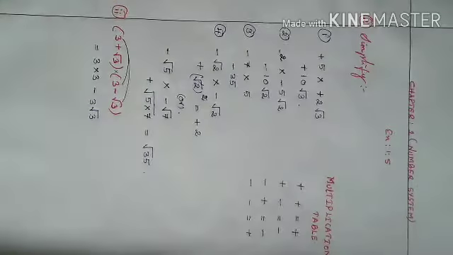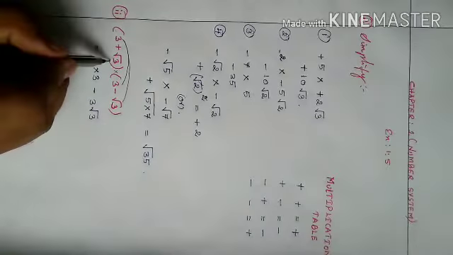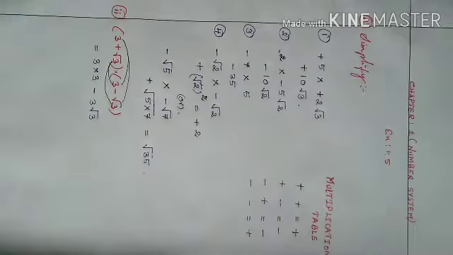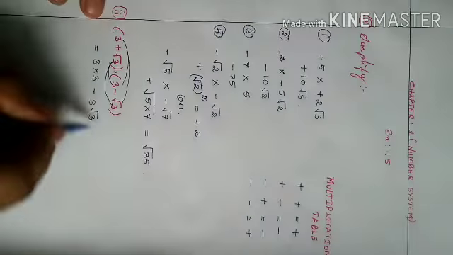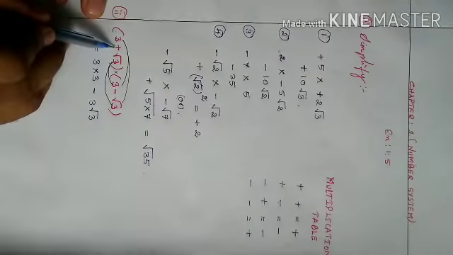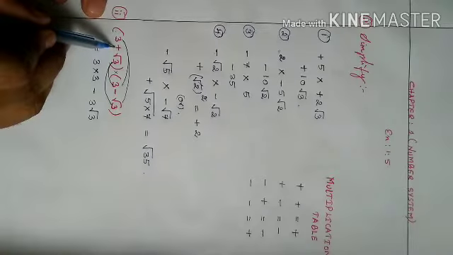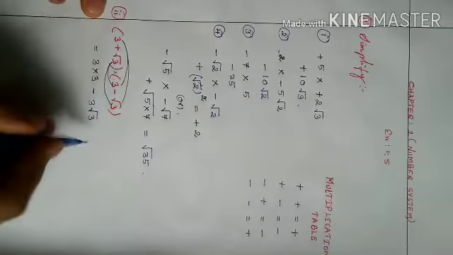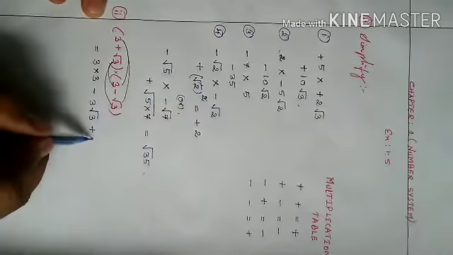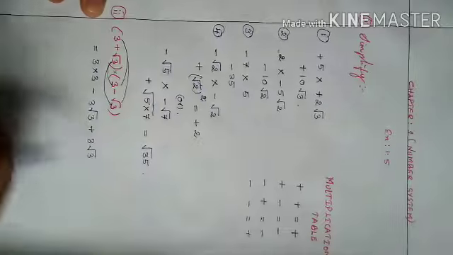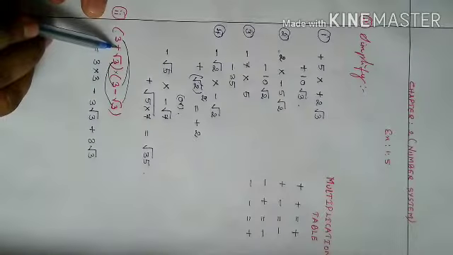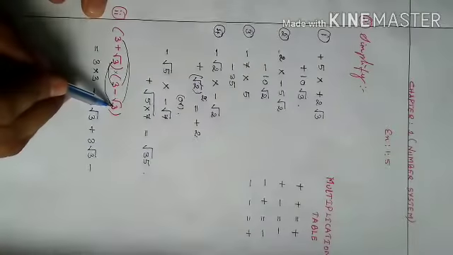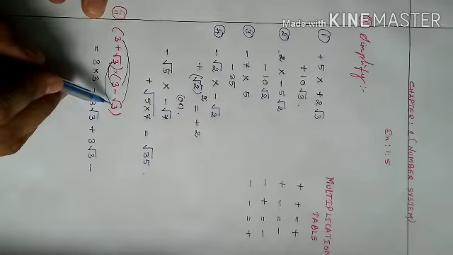Then next, from the second term to the first term and the second term to the second term. The sign of root 3 is plus and the sign of 3 is plus, so plus into plus, plus 3 root 3. The next one, plus into minus, minus root 3 into root 3. What is root 3 into root 3?